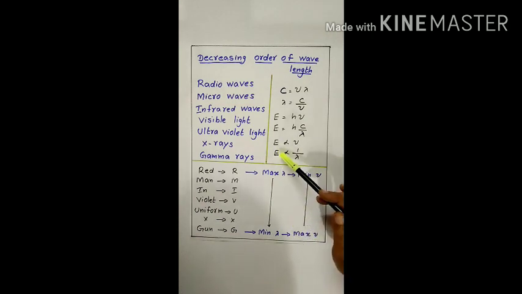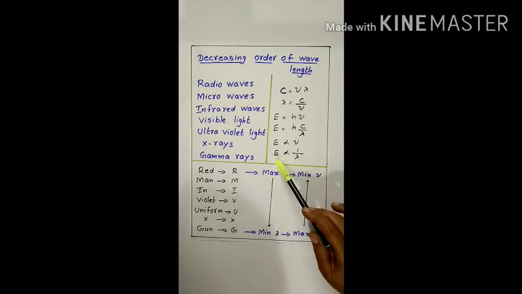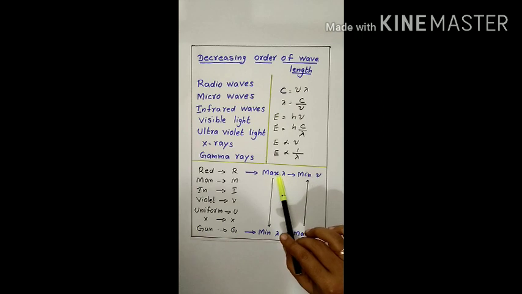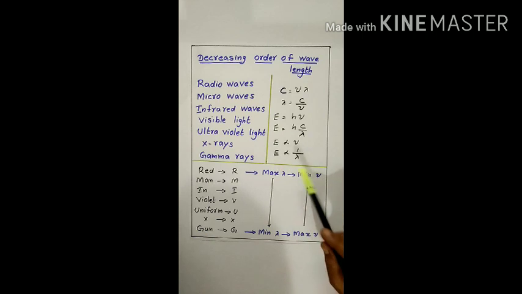And the relation between energy and wavelength is E is proportional to 1 by lambda. So, gamma rays have minimum wavelength, so they have the maximum energy because they are inversely proportional to each other, and radio waves have maximum wavelength, so they have the minimum energy. So, thank you.